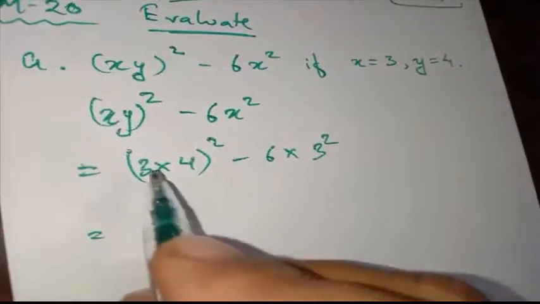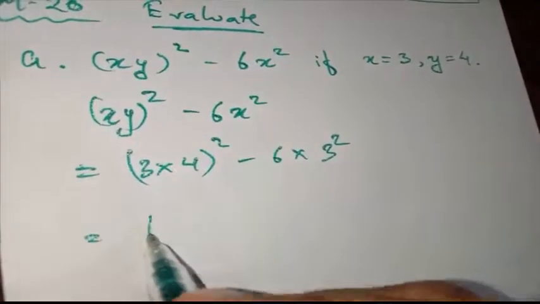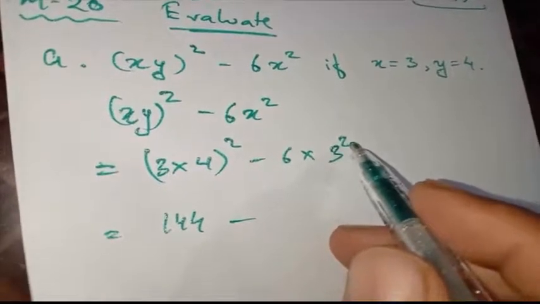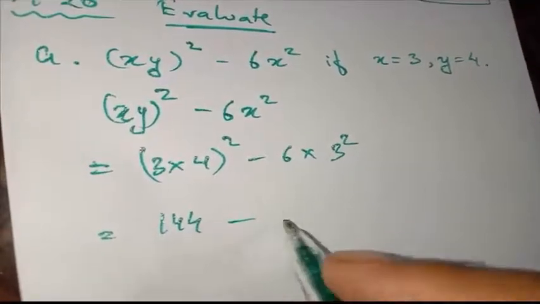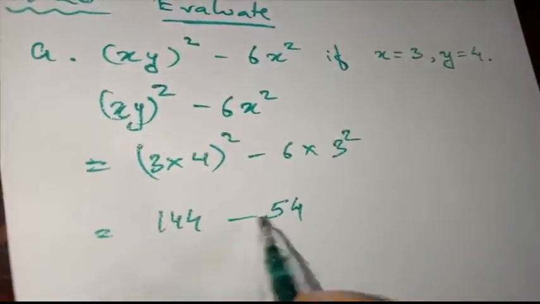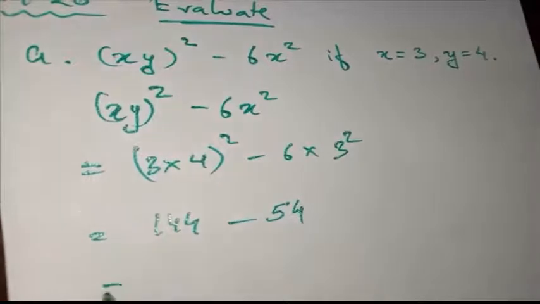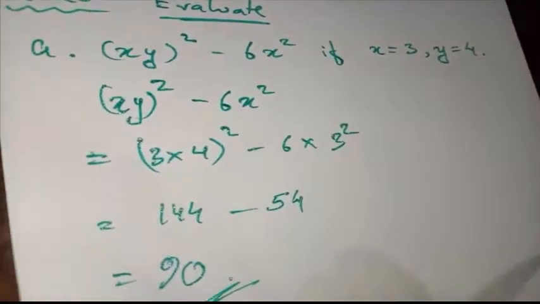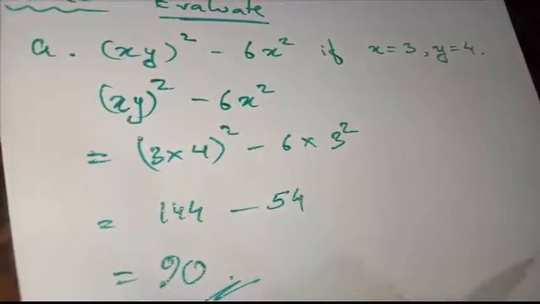So this will be 3 into 4, 12, 12 square is 144, minus 3 square 9, 9 into 6 is 54. So 144 minus 54 will give you 90. This is how you are going to solve all the questions of module number 20.